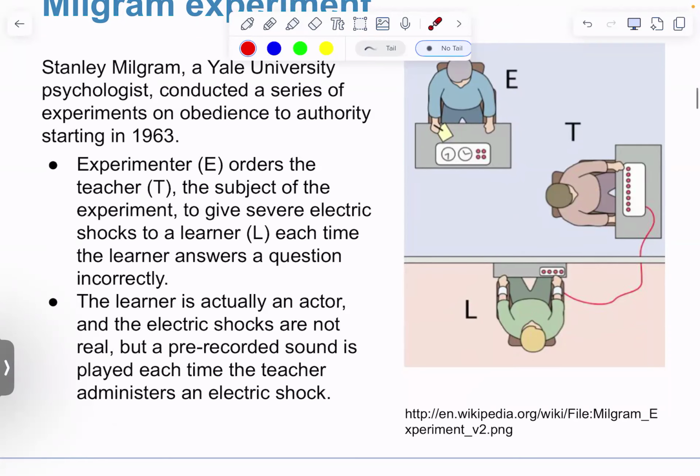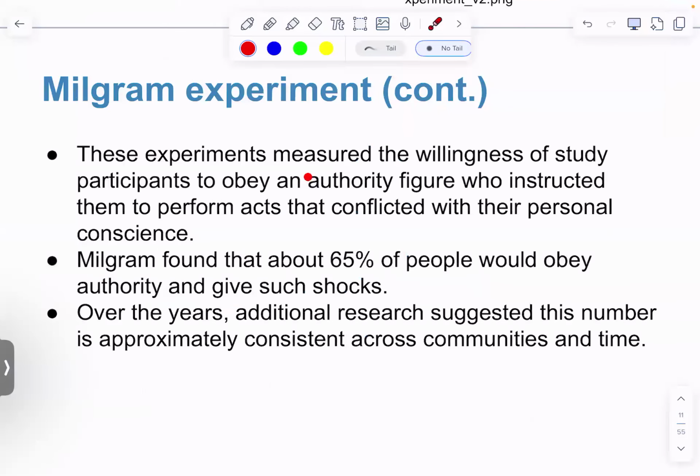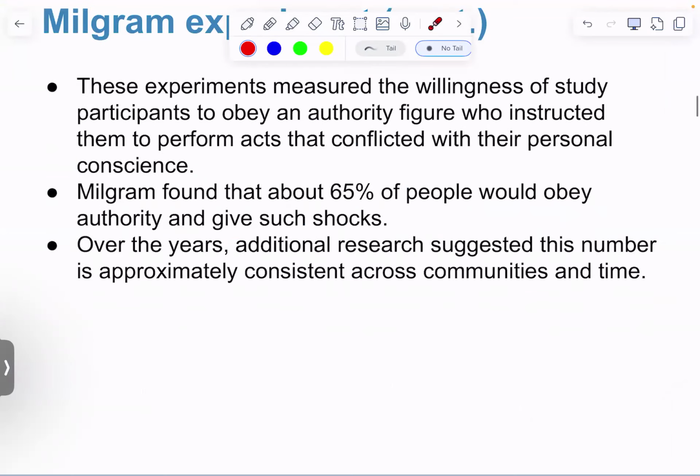And so now these experiments measured the willingness of study participants to obey an authority figure who instructed them to perform acts that conflicted with their personal conscience. I mean, hopefully, right? You don't want to, you got it wrong. I don't want to do that. No thanks. Milgram found that about 65% of people would obey authority and give such shocks.